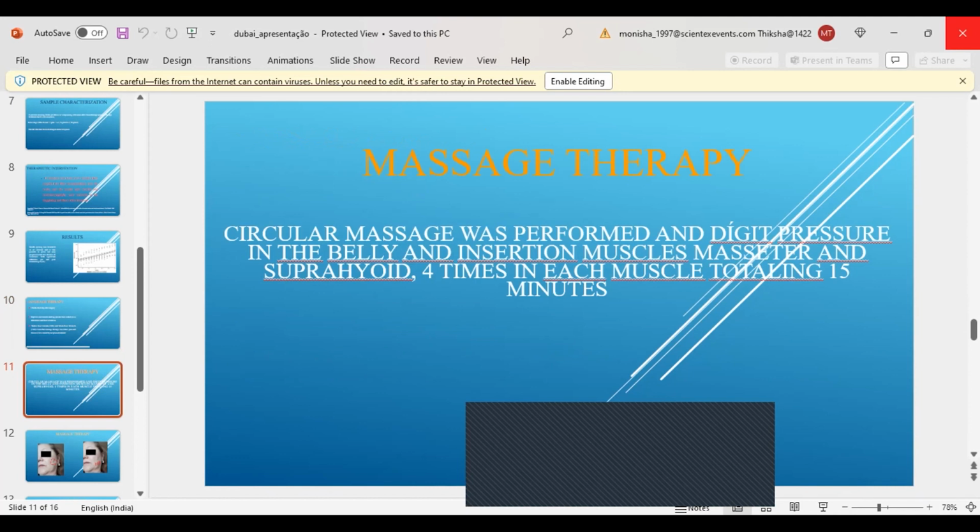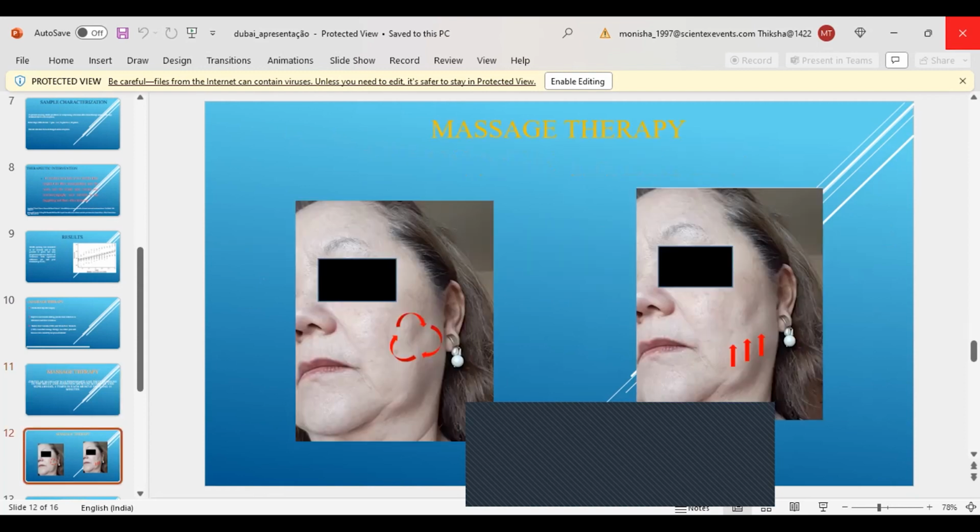Massage therapy: circular massage and digital pressure were performed in the belly and insertion of the masseter and suprahyoid muscles, 4 times in each muscle, totaling 15 minutes. This is the local massage in the belly and the insertion of the masseter muscles.